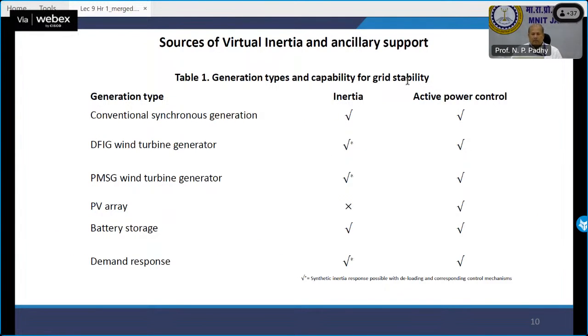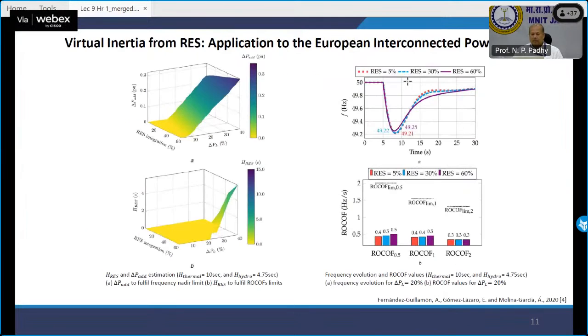You could see there is a very interesting table which talks about generation types and capability of grid stability: conventional synchronous generation, which gives you inertia and active power control, similarly DFIG, then PMSG, but you could see PV array, which is not providing inertia, unfortunate fellow, isolated, and then battery storage and demand response, they all work. So, application to European interconnected power systems, and you could see a lot of interesting things.